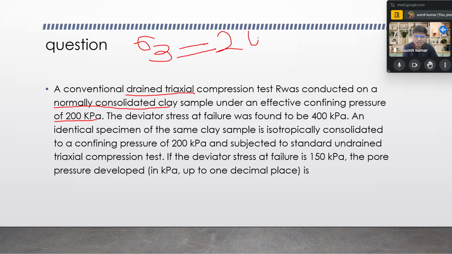I will write the number only, not the unit. So sigma 3 is given, and the deviator stress at failure was found to be 400 kPa, so sigma 1 minus sigma 3 is 400. That is sigma d, right?